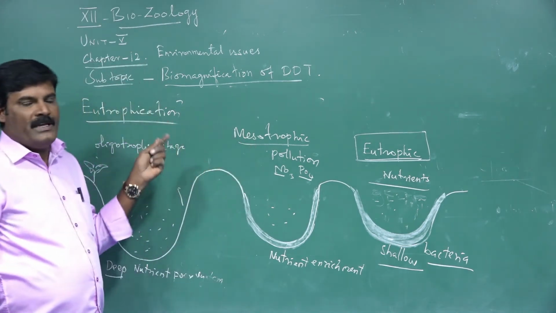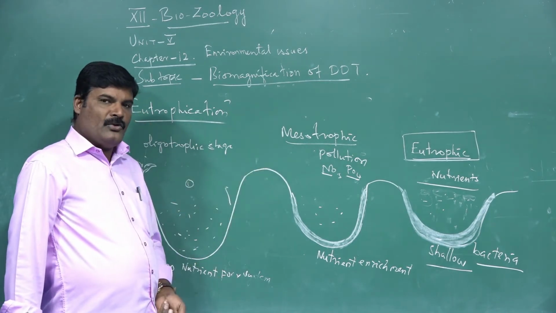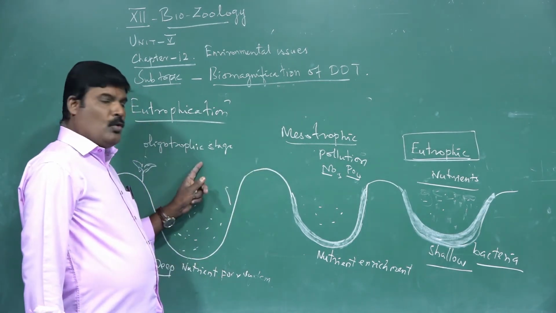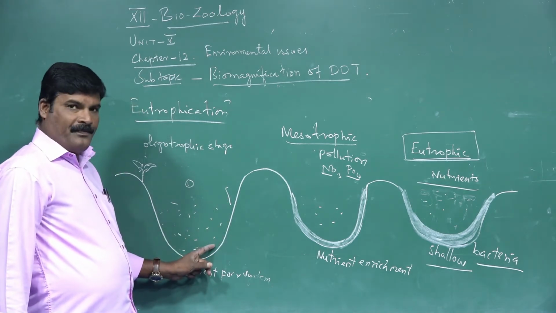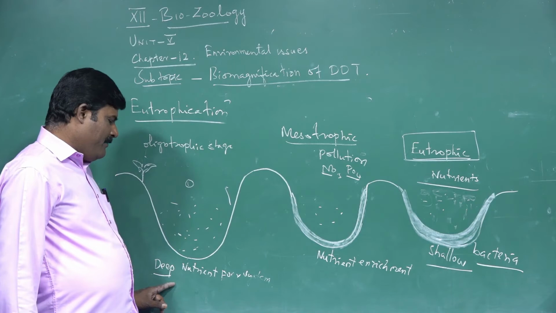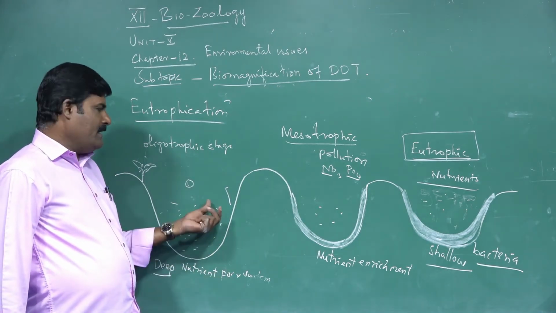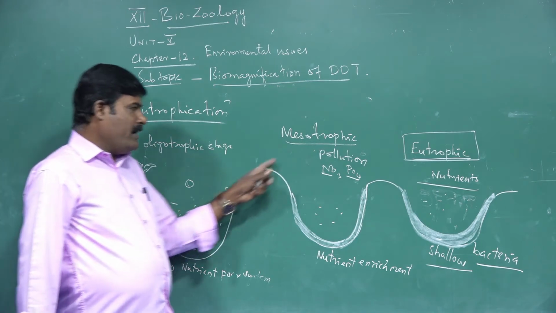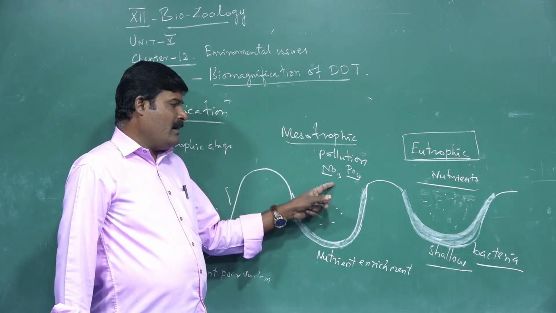So what is eutrophication, and what are the different stages of eutrophication? The oligotrophic stage supports little plant life, because it is a deep and nutrient-poor system. There is a lack of nutrients in this kind of lake. But in this case, more nutrients like nitrates and phosphates are introduced into the lake.